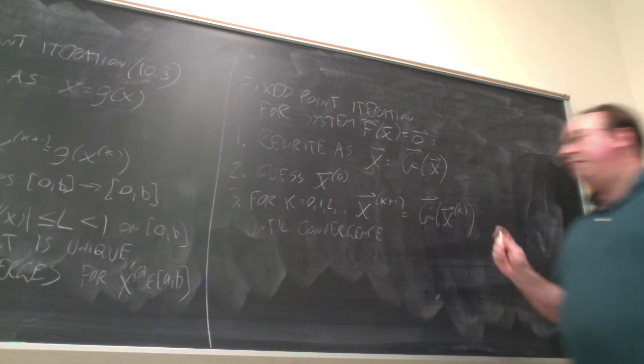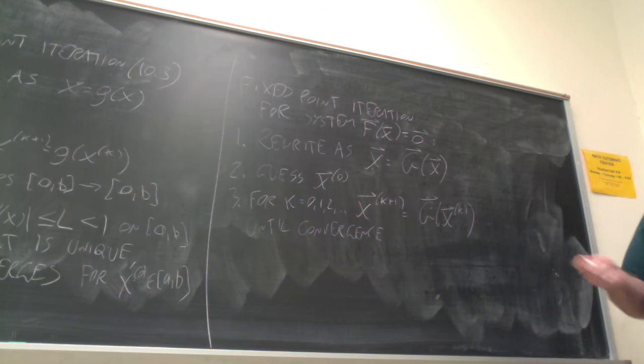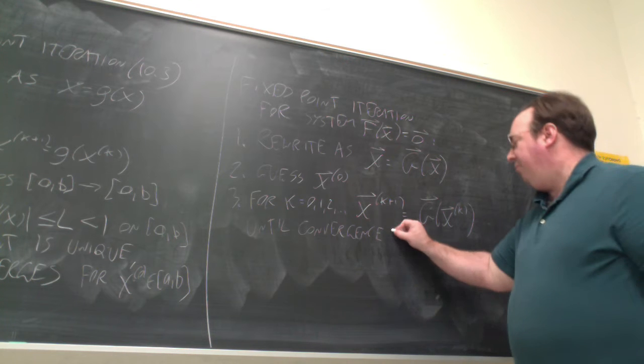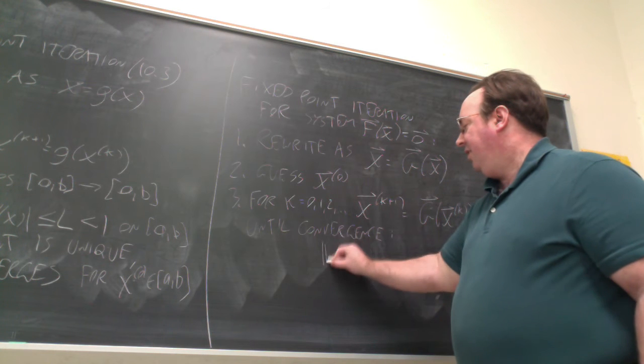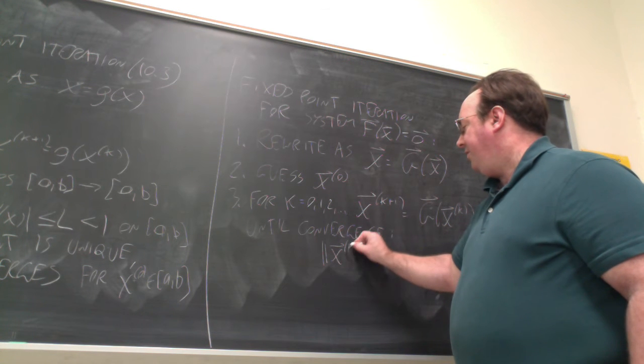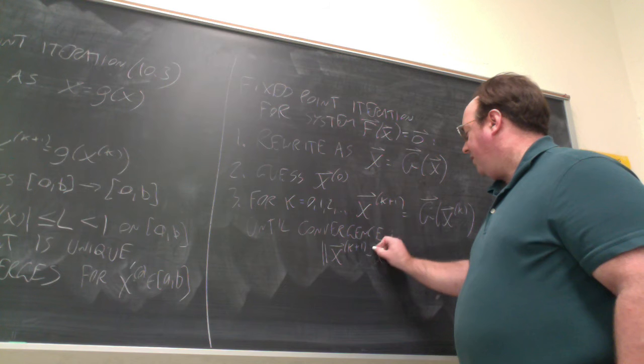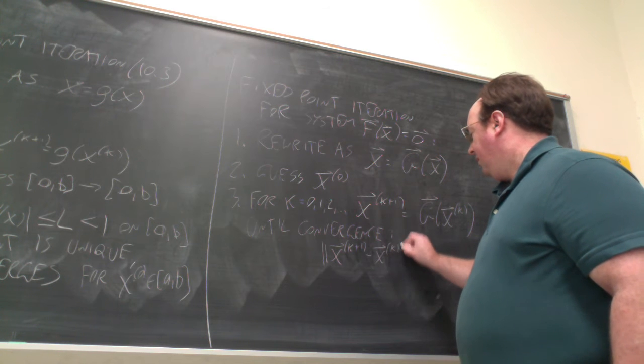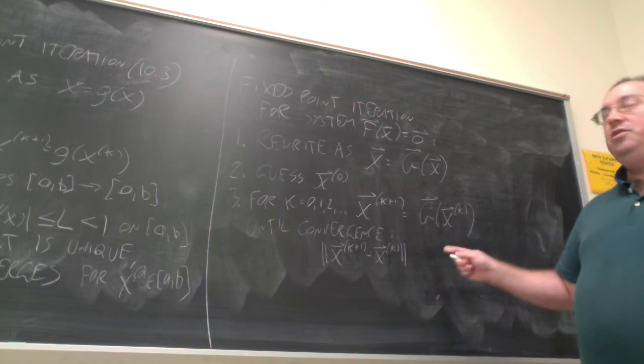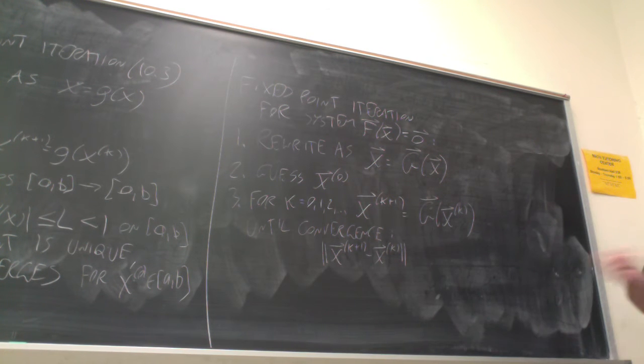And how you would measure convergence in this case, your iterates are now vectors. So that would mean you would take the difference, xk plus 1 minus xk, and now you would use a norm. We talked about norms quite a while ago when talking about iterative methods. It's the magnitude of a vector.